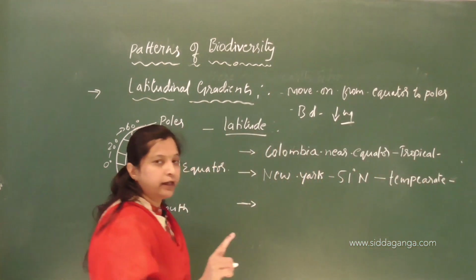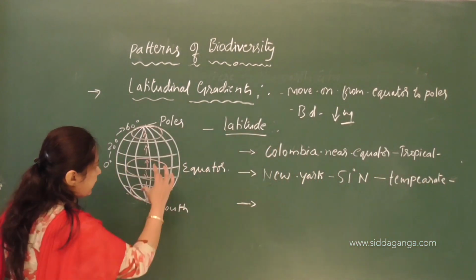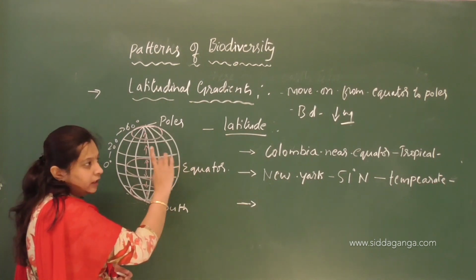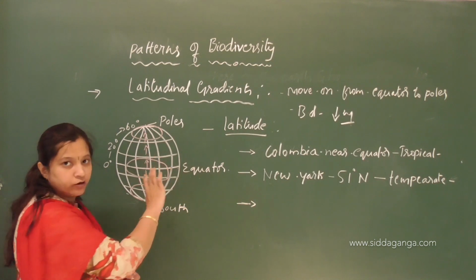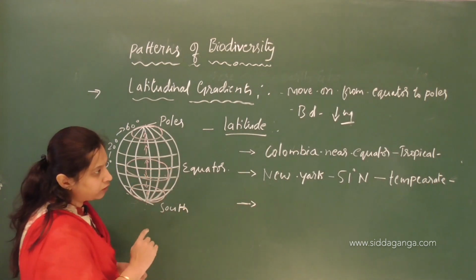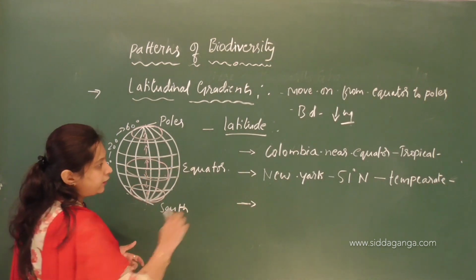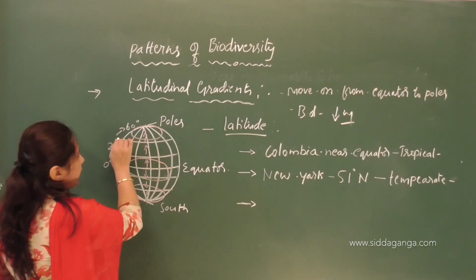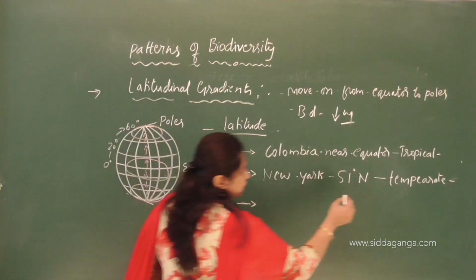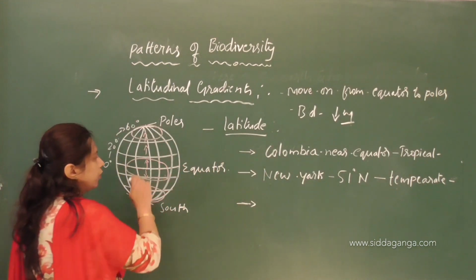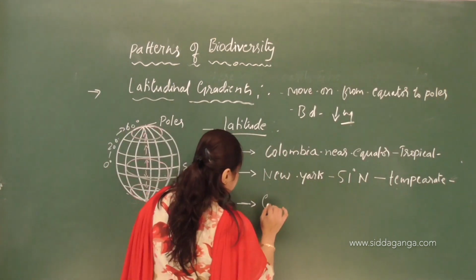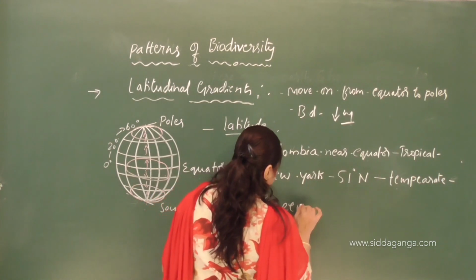Tropical areas are the areas which lie near the equator. And New York, located 51 degree north, lies in the temperate region or temperate zone. And one more place is Greenland.